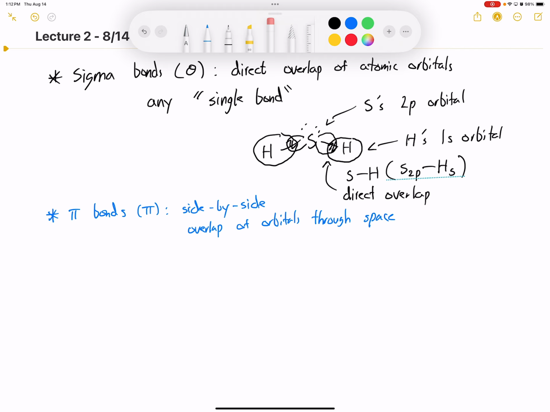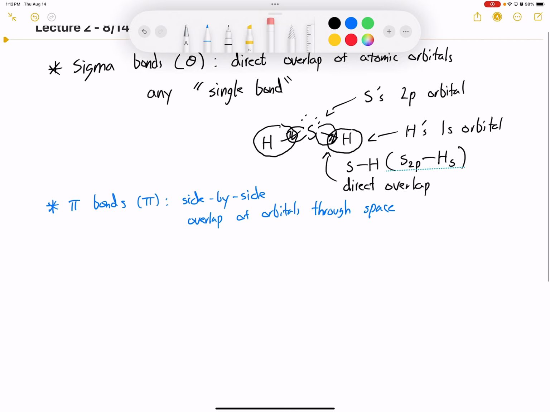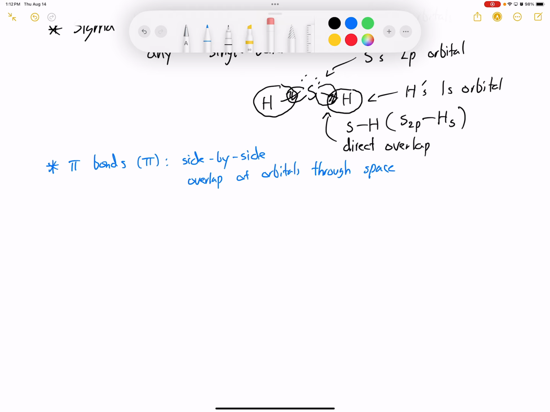So you can know something's a pi bond if a bond between two atoms is any double bond. That counts as one pi bond. And then any triple bond as well.